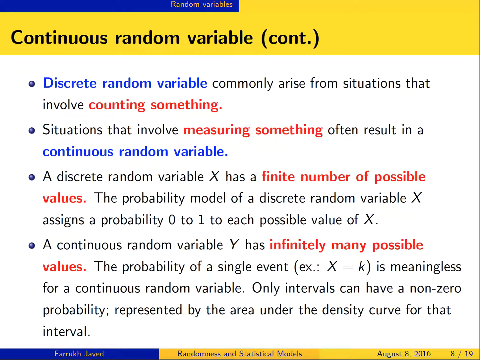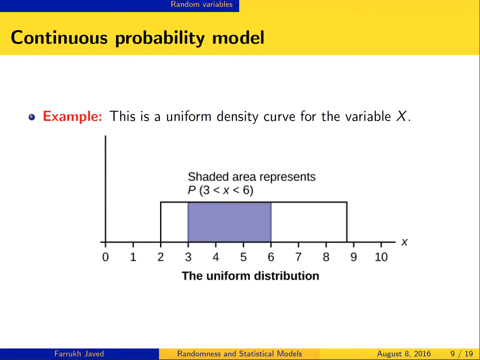So with a continuous variable, we are not mainly interested in the probability of a single event; rather, we are interested in the interval. What is the behavior of a particular variable within that interval? That is more of our interest when we talk about continuous random variables. Here is a graph of a density curve. I call it a uniform density curve.